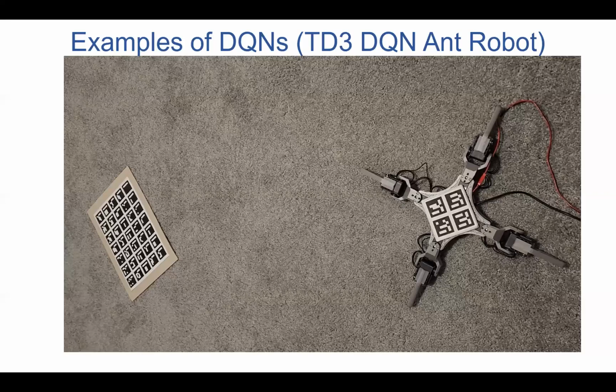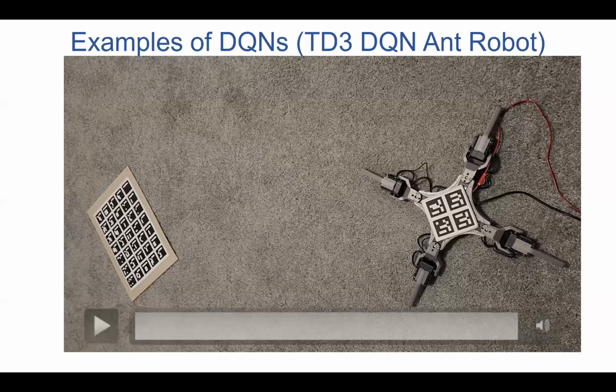At every episode, it tries to minimize the distance between the robot and the AR tags board. After several episodes, it will learn the best possible positions and how to move in a certain direction to get closer to that board as fast as possible. So those are the actor and critique models working together.